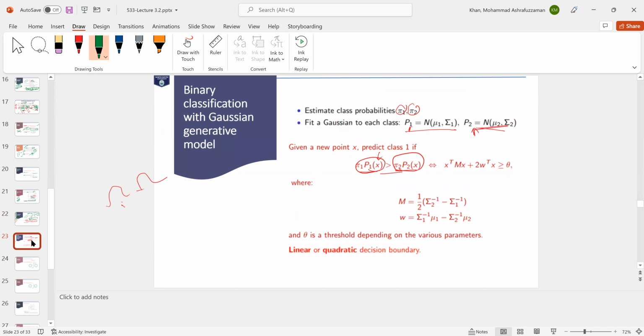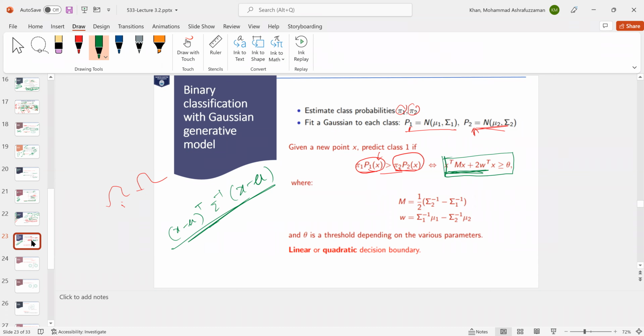And if we do that and do some calculations, we'll get something like this. So it's based on the (x minus mu)^T (x minus mu) part only. We are taking log and then removing the terms that are the same for both sides. Based on this, we get a condition like this.